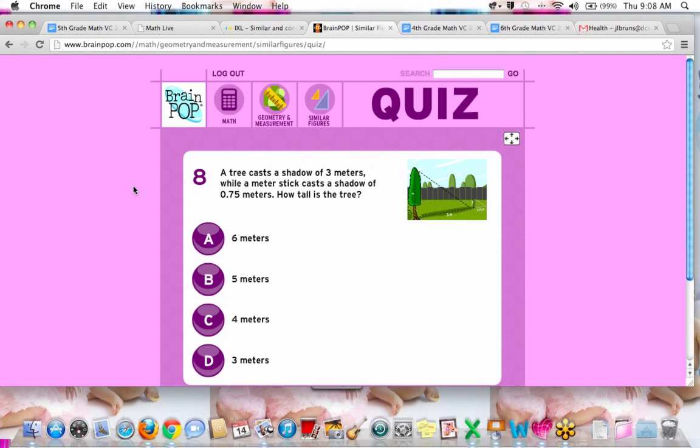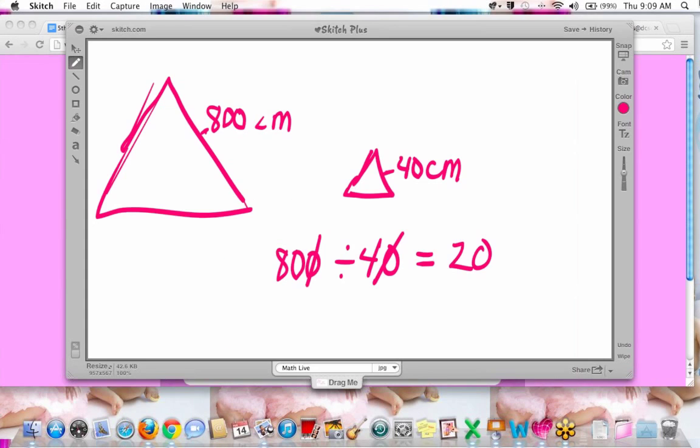A tree casts a shadow of 3 meters, while a meter stick casts a shadow of 0.75 meters. How tall is the tree? Ooh, this one's kind of tough. This is kind of a little bit of algebra for us here. Wait, hold on. A meter stick? That has nothing to do with it.